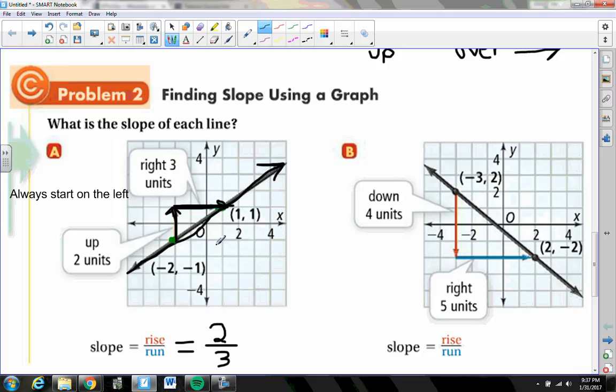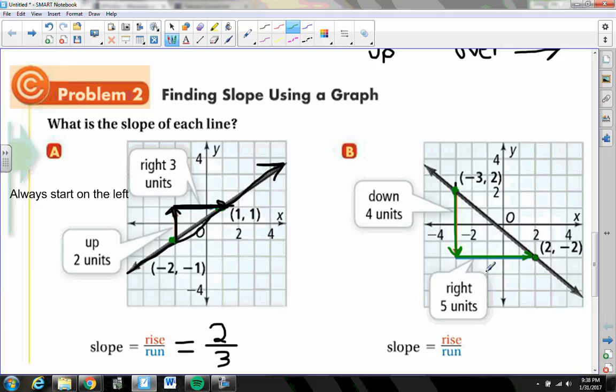Similar idea in part B, except now, again, we're going to start on the left side. To go from this green point to this green point, I have to go down, actually. My line is going down. Down 4 and to the right 5.